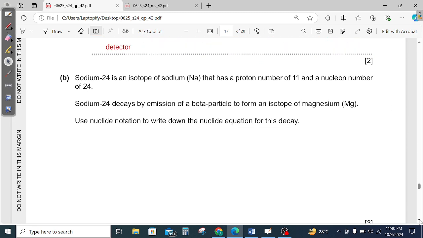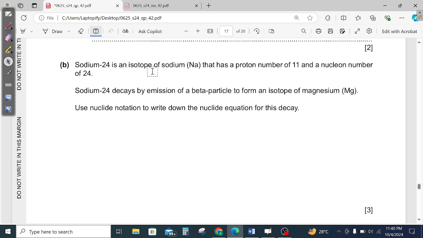Now sodium 24 is an isotope of sodium, and it has a proton number of 11 and the nucleon number is 24. Nucleon number means atomic mass, the sum of proton and neutron. The proton number is only 11. Sodium 24 decays by emission of a beta particle to form an isotope of magnesium.